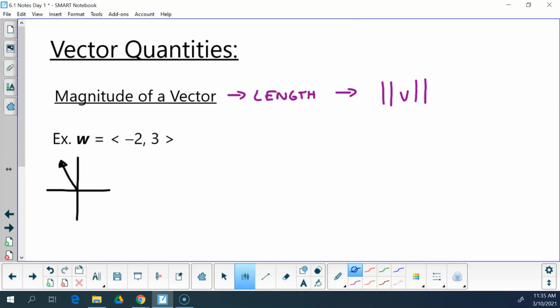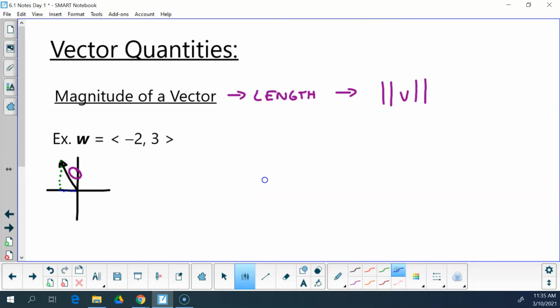If I look at it, for the component form, I would find that's my horizontal distance, correct? There. And then here, this is my vertical distance. Right? Well, what have I just really drawn? A right triangle. What do we have in a right triangle to find this missing side right here?